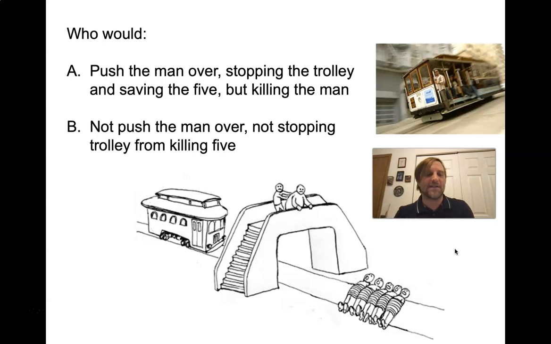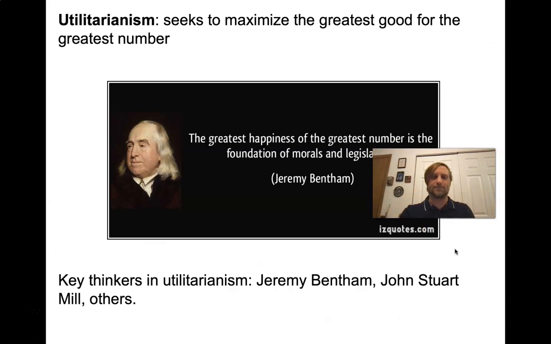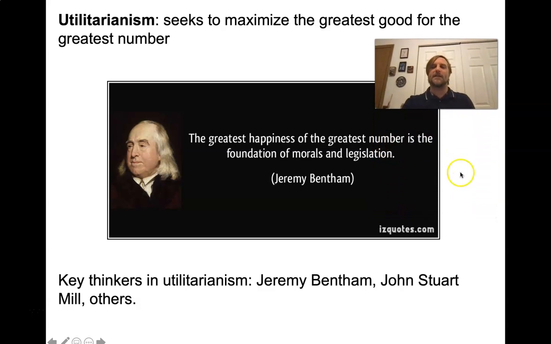Now, I've had students say, I hate the trolley experiment because it's not very realistic. I'll get to that in a moment, how it has become realistic. So one of the key things is this represents utilitarian thinking. Utilitarians seek to maximize the greatest good for the greatest number of people.